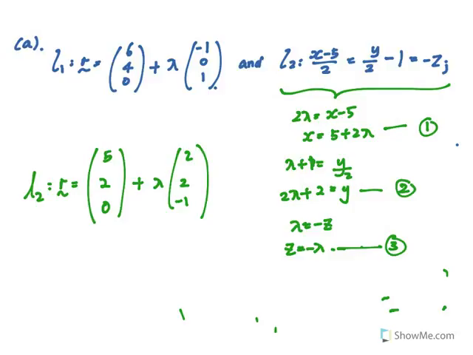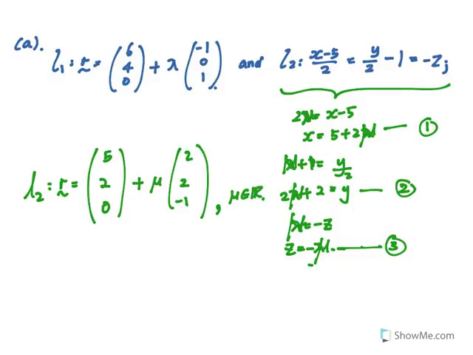Instead of lambda, I should use mu, since lambda is already used. Just take note that we try to avoid using the same variable for different scalars.